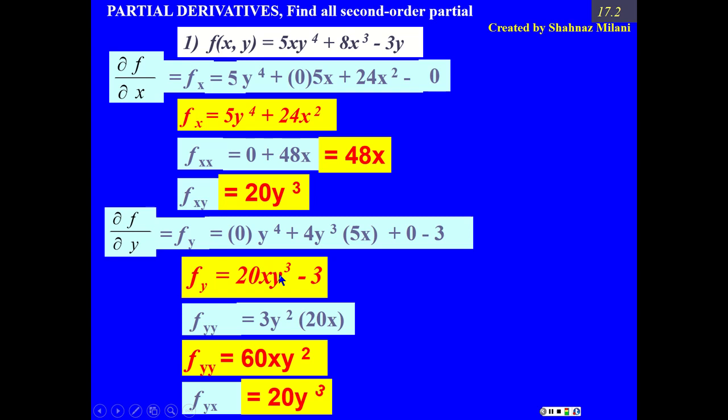Again, this is the product rule. The derivative of y to exponent 3 based on x is going to be 0 times the first. I'm not going to write it down. The derivative of minus 3 is going to be 0. I'm not going to write that down. And that is going to be my answer.